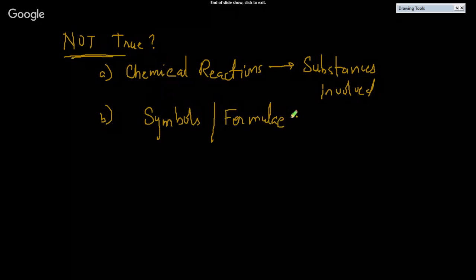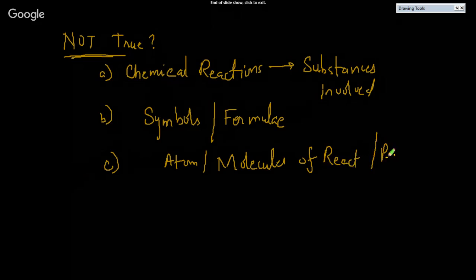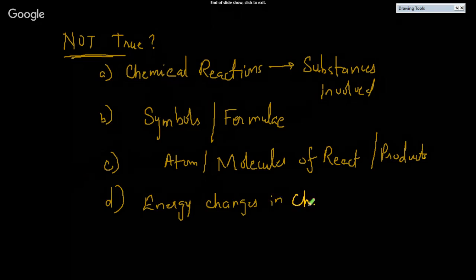That is point B. Point C is: a chemical equation tells us about the atoms or molecules of the reactants and products involved in a reaction. And the last option is: a chemical equation represents energy changes in the chemical reaction.